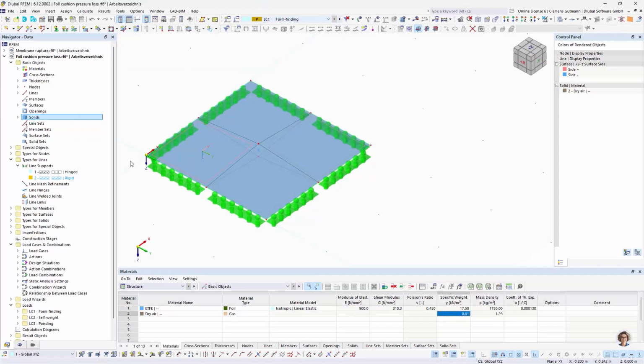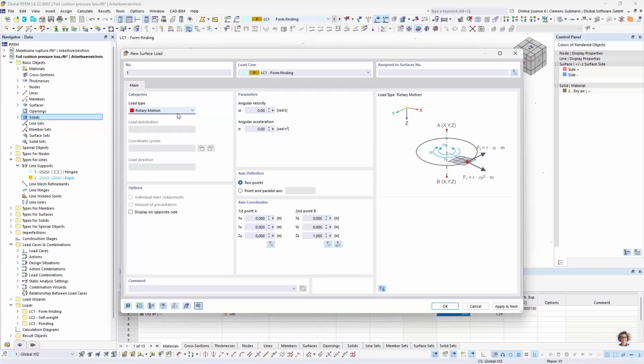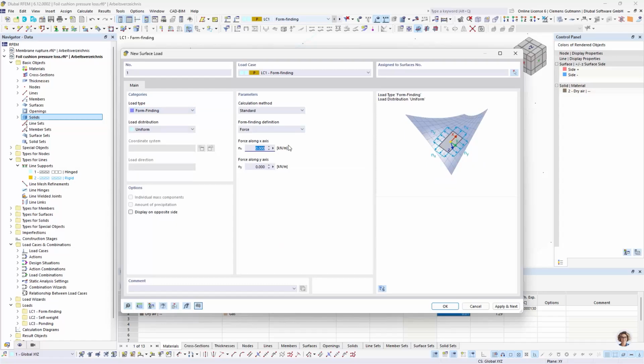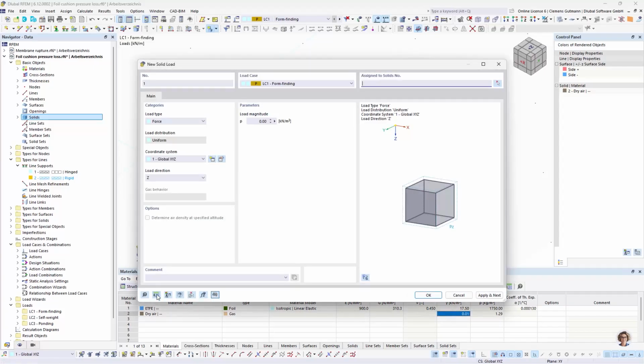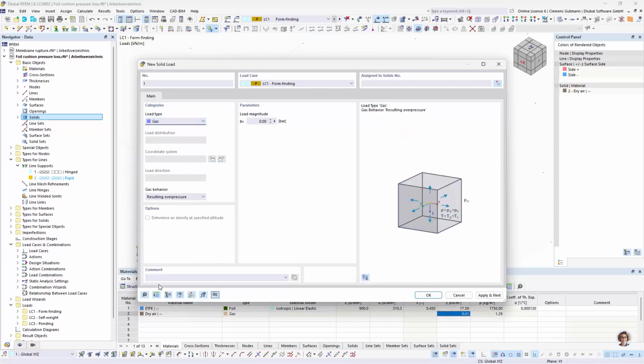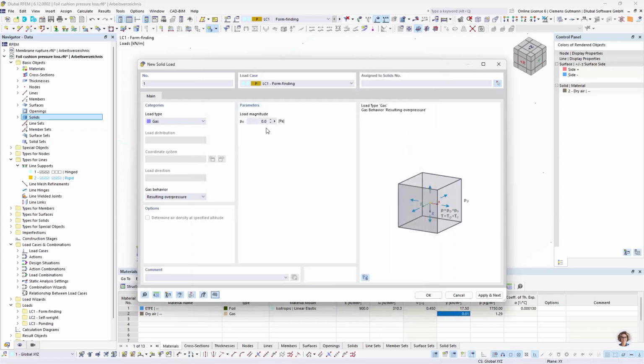As for the form finding, we're going to use .5 in each direction for all surfaces. And for the gas volume, an initial overpressure of 300 Pascal for solid number 1.